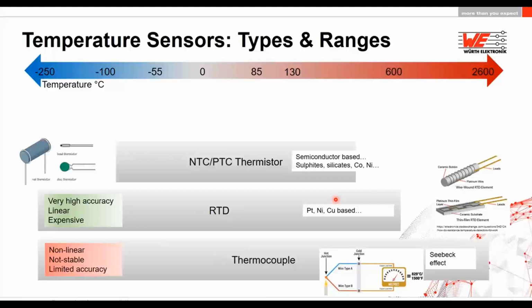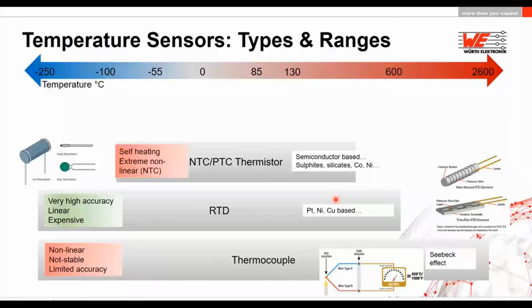Next are the NTC and PTC thermistors. These are nothing but passive components on your PCBs. The current is passed through the resistors, and the current is monitored based on the temperature, and it changes as the temperature increases or decreases. NTC has a negative temperature coefficient and PTC has a positive temperature coefficient.